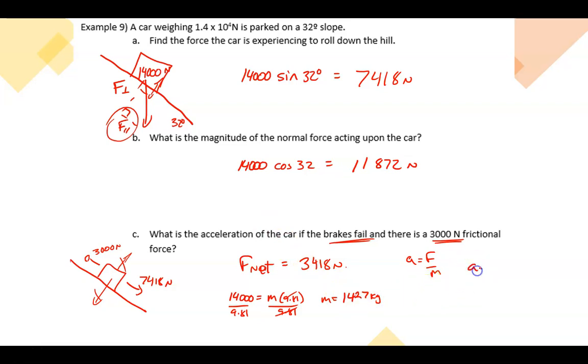So the acceleration is going to be that net force of 3,418 divided by the mass of 1,427. So that gets you an overall acceleration of 2.40 meters per second squared if we're keeping it to 3 significant digits.